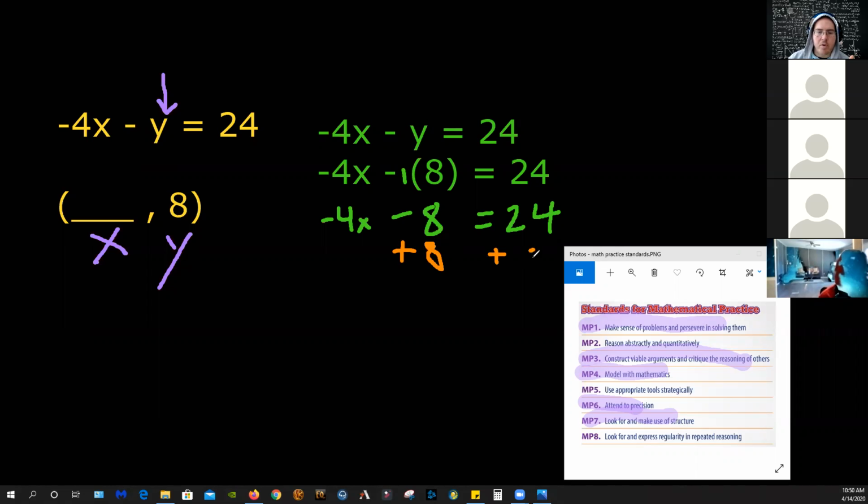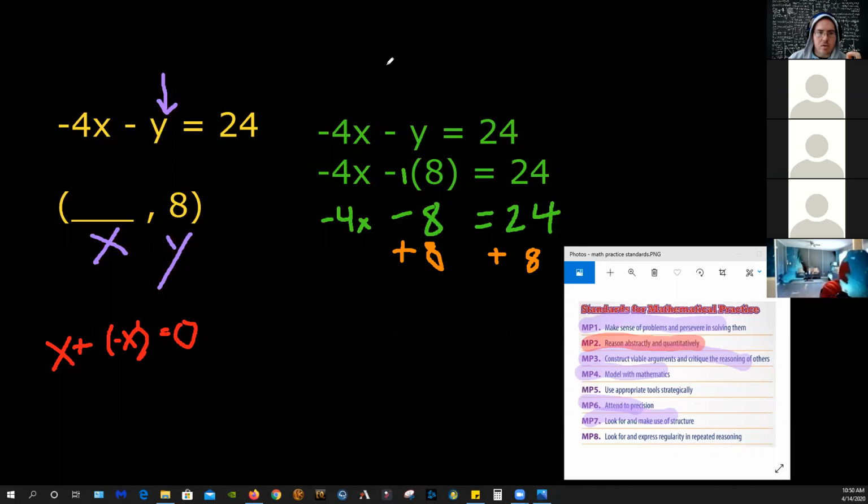I have to do that to both sides because of this equal sign, because it's an equation. So the abstract rule that we're abusing here is that anything being combined or added to its opposite, its negative value, is equal to 0. That's called reasoning abstractly.